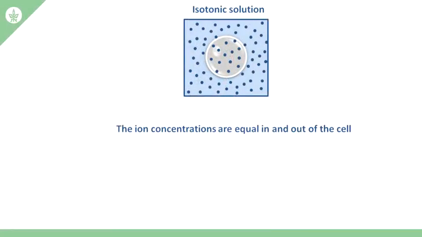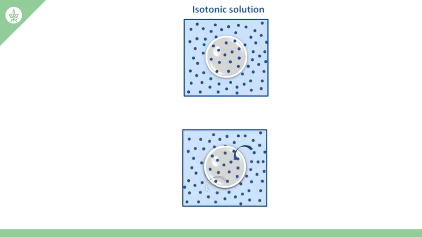Now, to understand this point, again, I want to illustrate the difference between an animal cell and a plant cell. If we take an individual animal cell and put it in what's called an isotonic solution, one where the solute concentration inside the cell and outside the cell is equal, there'll be a free flow of water into and out of the cell, and the size of the animal cell won't change.